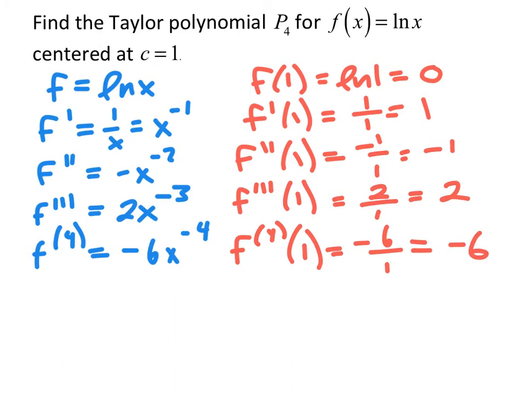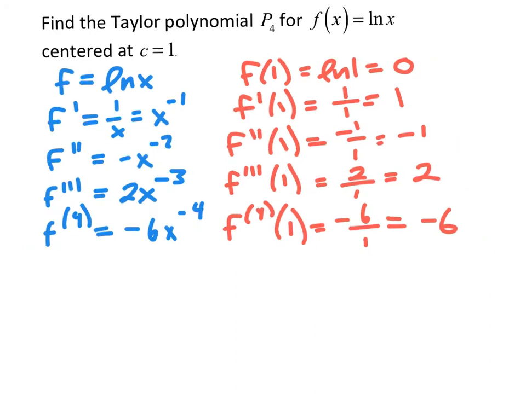Now that I have my coefficients that I'm going to get from the derivatives, I can form my Taylor polynomial. So then p sub 4 of x would equal, the first term comes from f of 1, so that's going to be 0. And then I have plus f prime of 1 times x minus 1. So f prime of 1 is 1 times x minus the center c, which is 1. Plus now I need the f double prime of 1, which is negative 1, so I'm actually going to change that to minus.